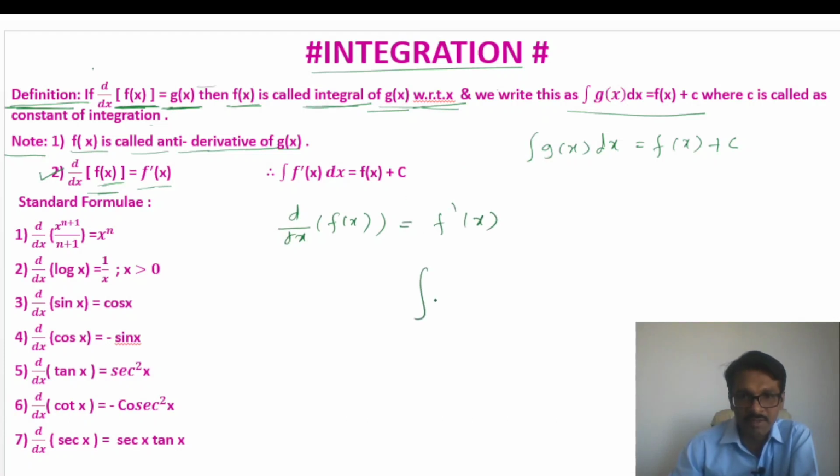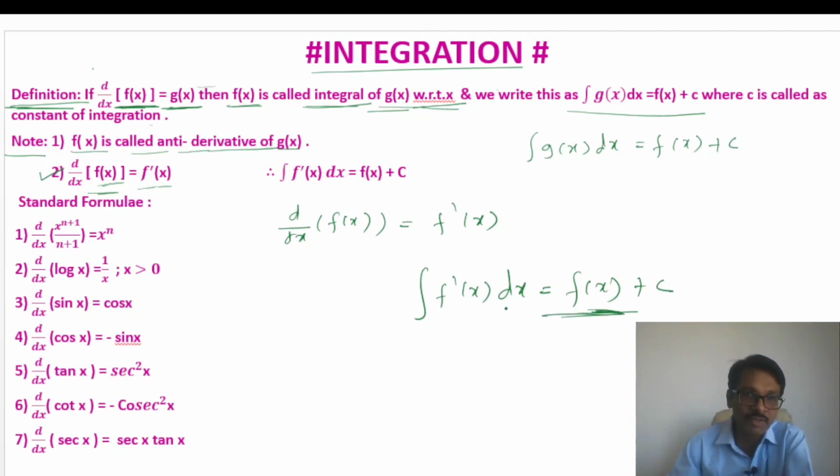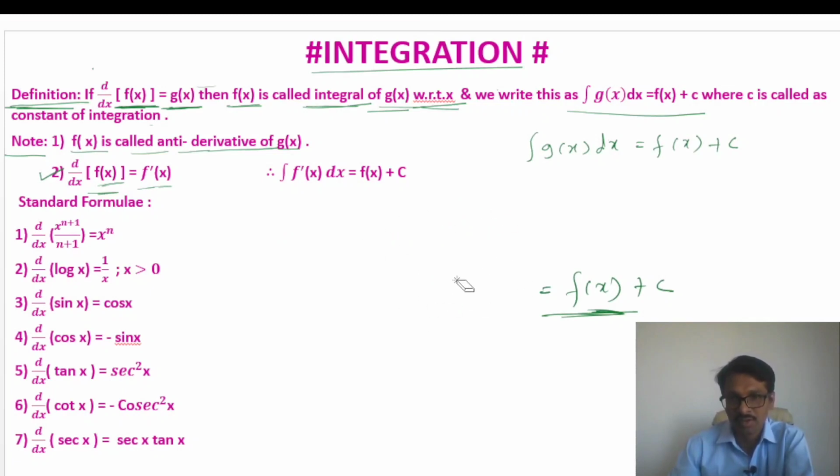But if you take the integration of f dash x with respect to x, we get f of x plus c. Understood? Integration is a reverse process of the derivative.